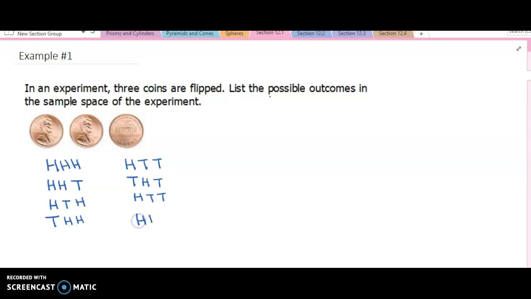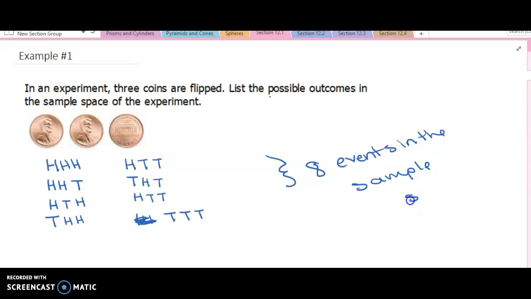Or maybe we get no heads, which would just be tails, tails, tails. 1, 2, 3, 4, 5, 6, so there's a total of 8 events in the sample space. Okay, so if it says to list the sample space, you have to list all of these.